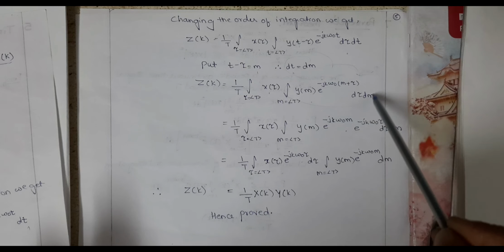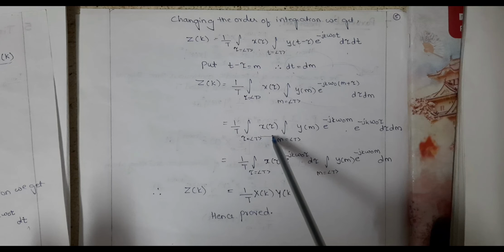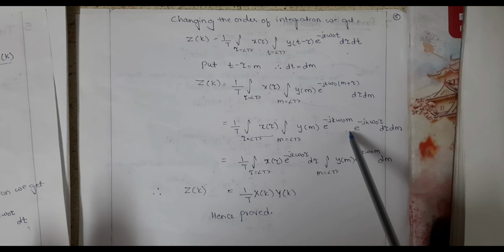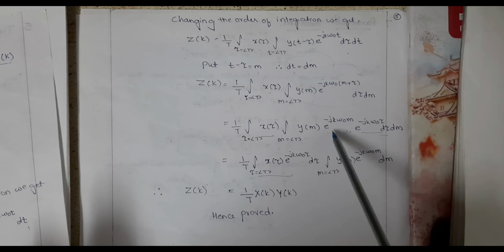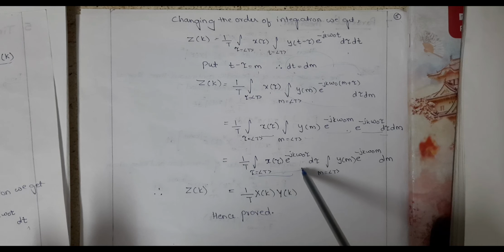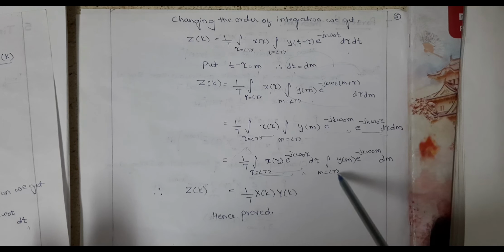So we'll write this representation. Now if you see this one, splitting this term x of tau and d tau here, and here y of m, this with respect to, leaving 1 by t, this is x of k and this is y of k.